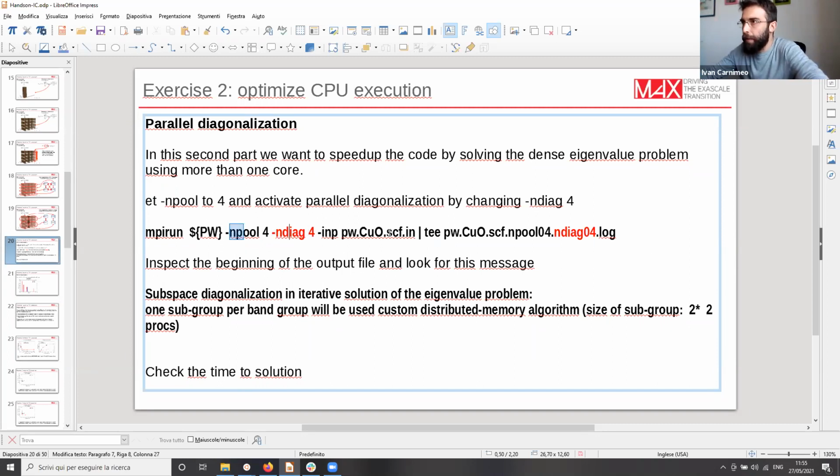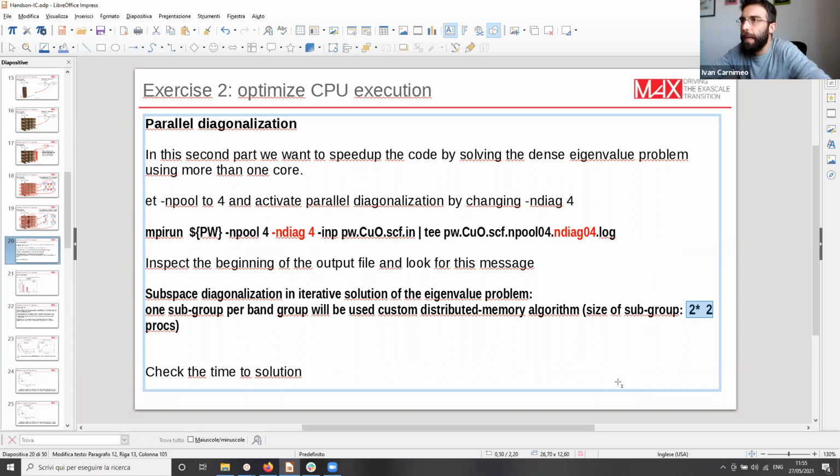So this is the way you launch the calculations. You will see in the output file this message, subspace diagonalization. Of course, this ndiag 4 means 2 times 2, because we are dividing a matrix. So 4 means that we will do 2 times 2 blocks.